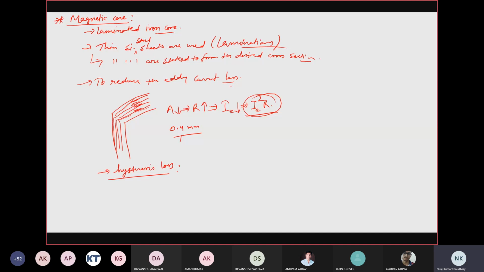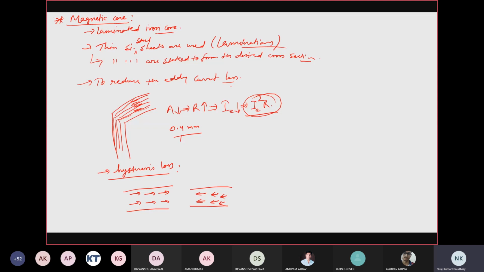जो हम लोगों ने बात किया था कि when all the grains get oriented in the same direction, so in another half cycle the direction of the orientation of the grains will change. So in this process some power is lost, which is known as your hysteresis loss. Now the amount of that power can be calculated from the area of the hysteresis loop, right?